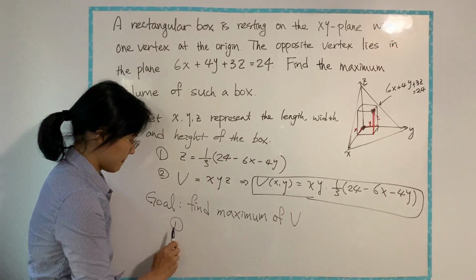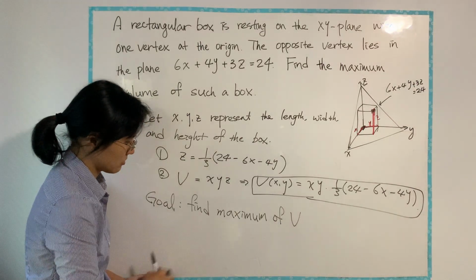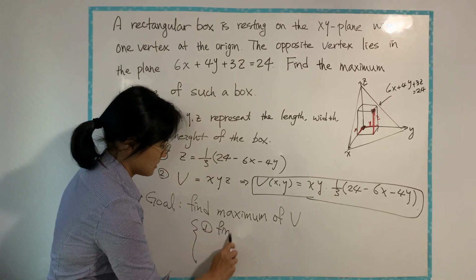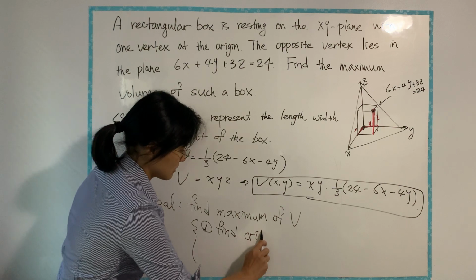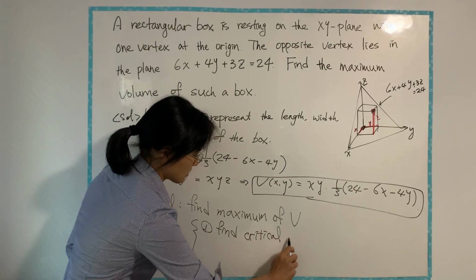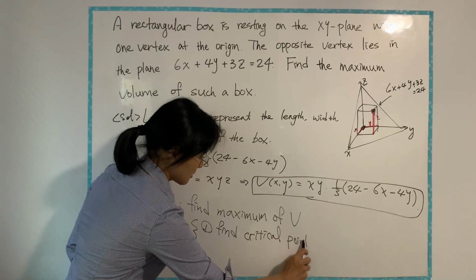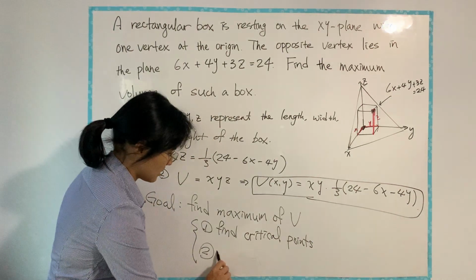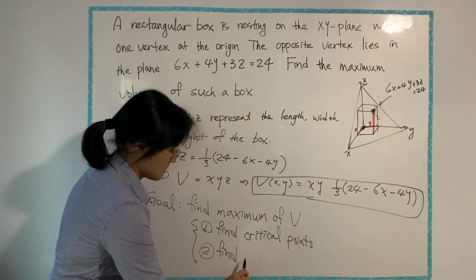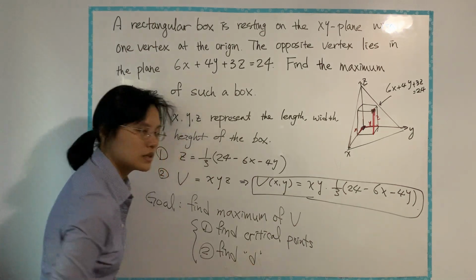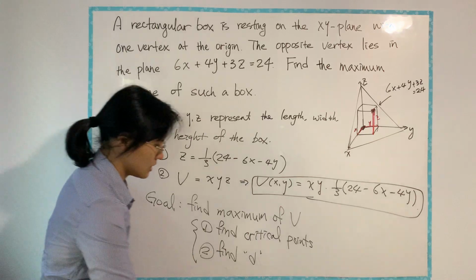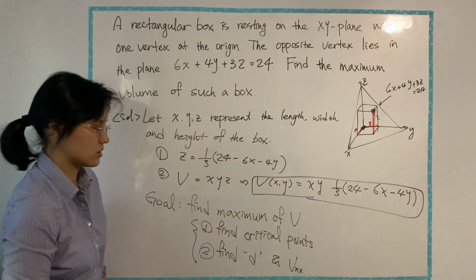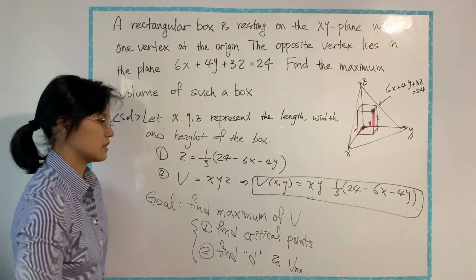Then we'll need to do: one, find critical points of V. Two, find the determinant of the Hessian for V, and we also need the sign.